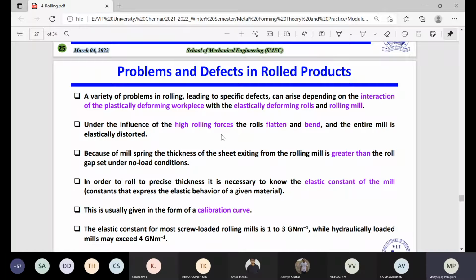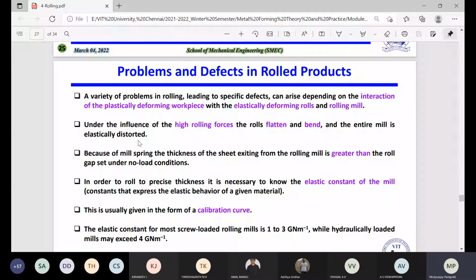The rolls flatten and bend, the material piece can also bend, and the entire mill will be elastically distorted. So when the rolls have some problem, it is like the rim of a motorbike, which sometimes bends. The moment it bends, everything will be disordered.